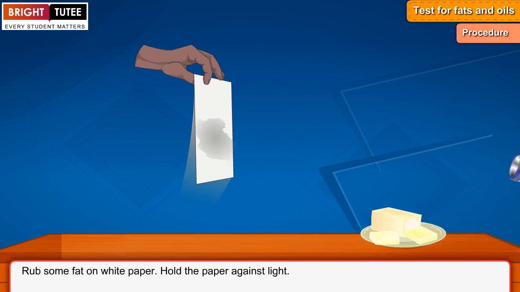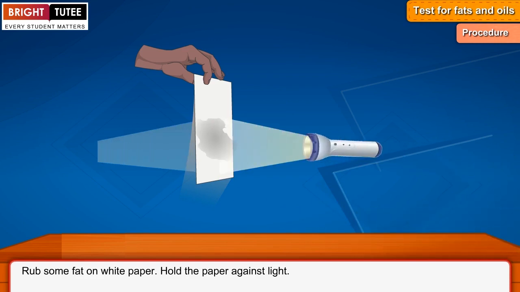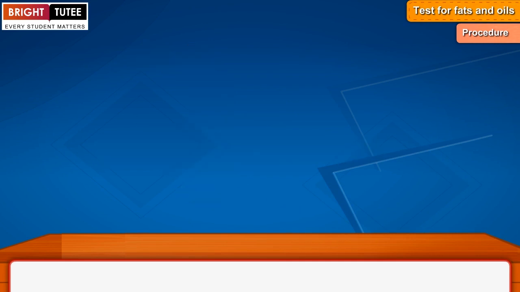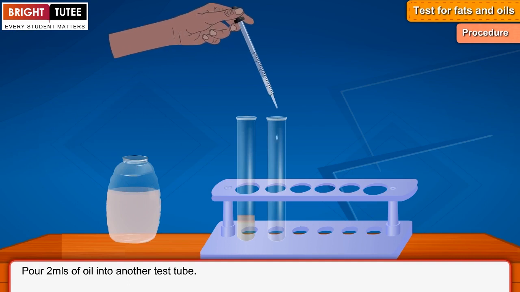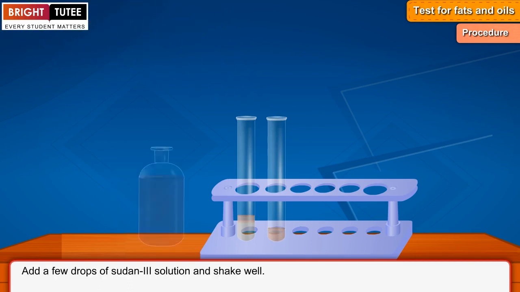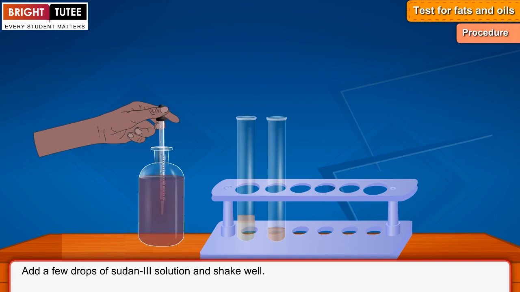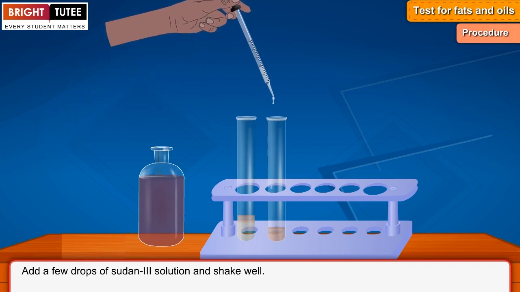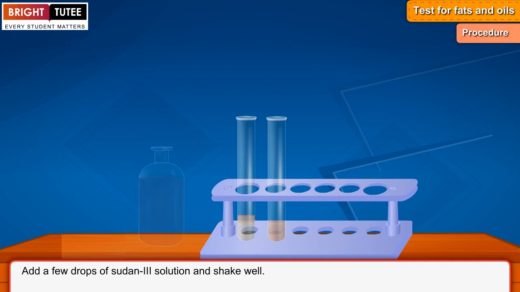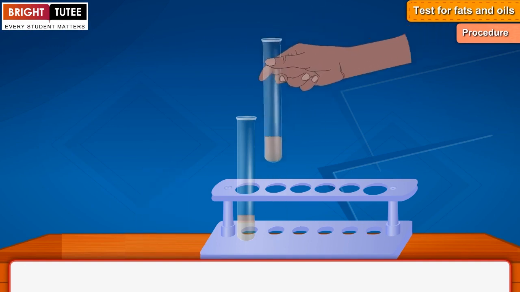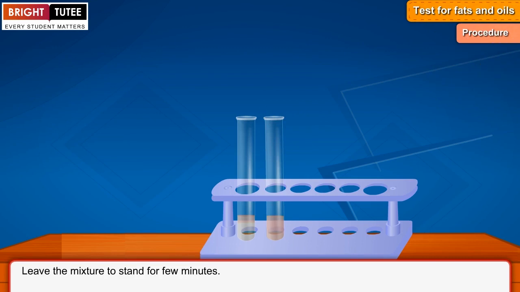Hold the paper against light. Pour 2 ml of oil into another test tube. Add a few drops of Sudan 3 solution and shake well. Leave the mixture to stand for a few minutes.